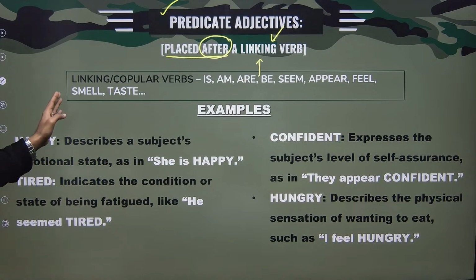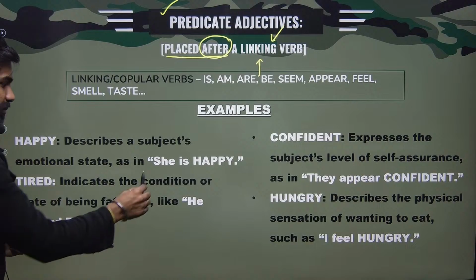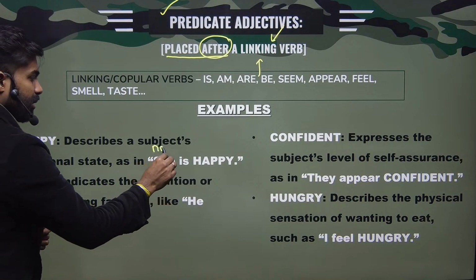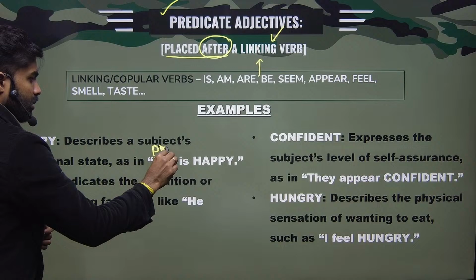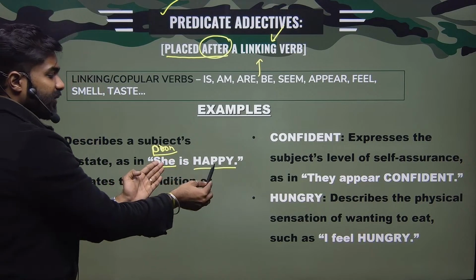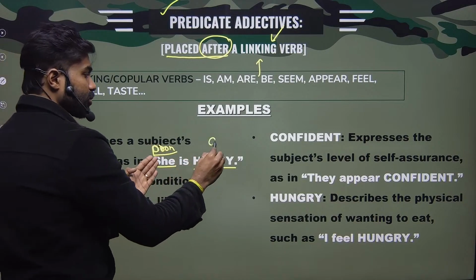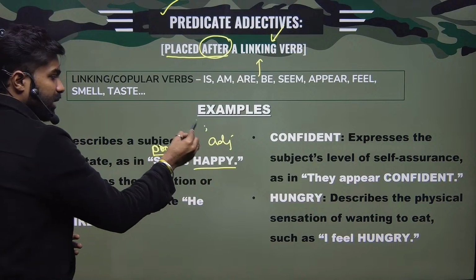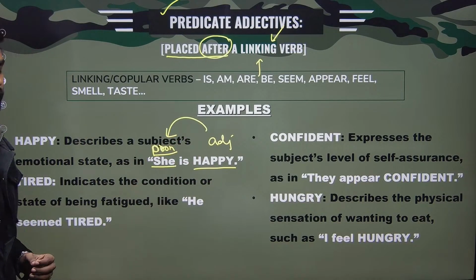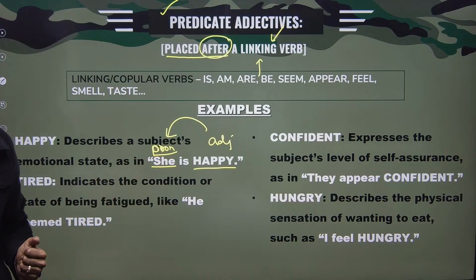All right. See, I told you what linking verbs are. Examples. Now, see. She is, "she" is my pronoun. Happy is giving a detail about her. How is she? She is happy. So happy is an adjective. Why? It is modifying or giving us an extra detail about this person or pronoun.